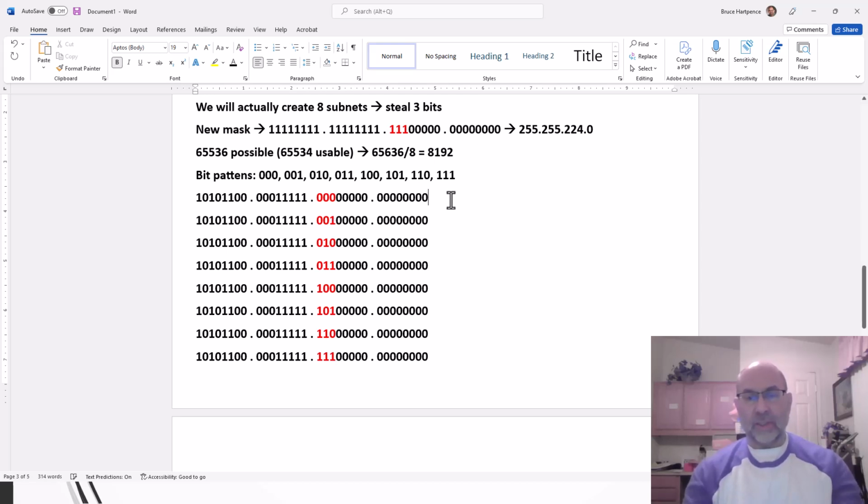Well, what does this work out to be? Well, we know what it is. This is 172.31.0.0. Now, if I was doing the math and saying, okay, the possible is 8,192 per subnet, that would be 0 to 8,191.